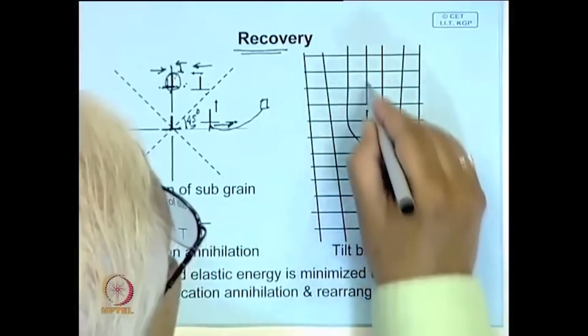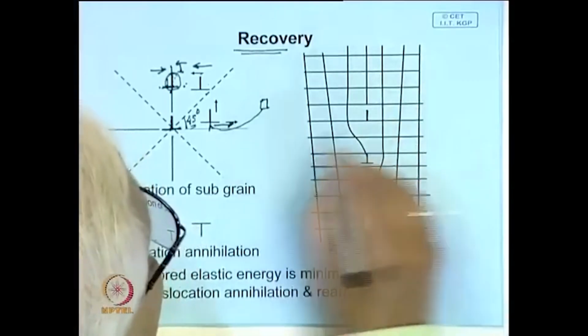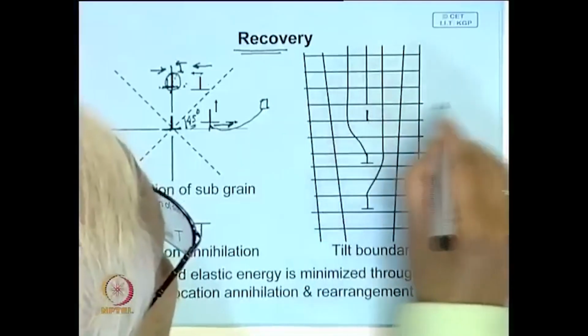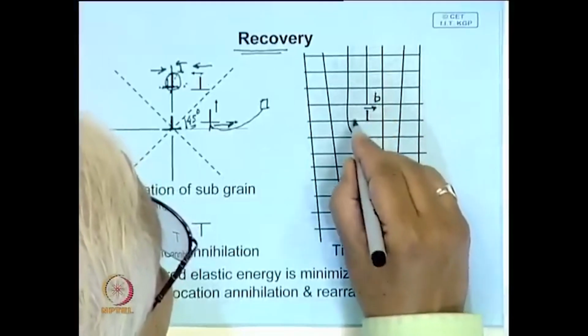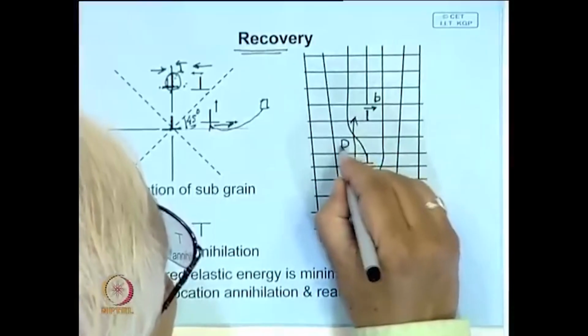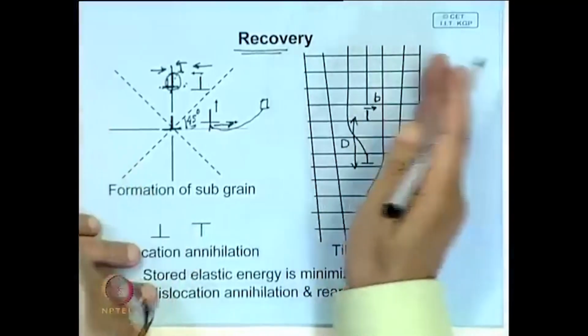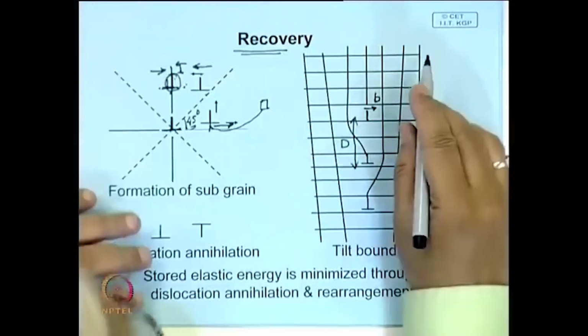So this is called a dislocation boundary, and when you have dislocations like this, we have seen that each has a Burgers vector b, which is a displacement. If this is the distance between the two dislocations, capital D, then, as if it's like a tilting, it's called a tilt boundary.